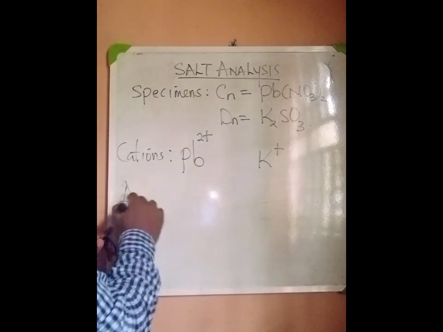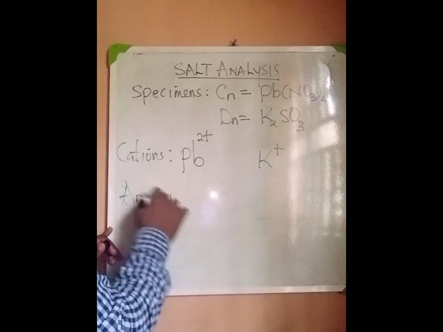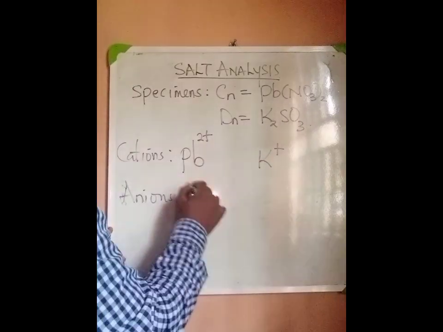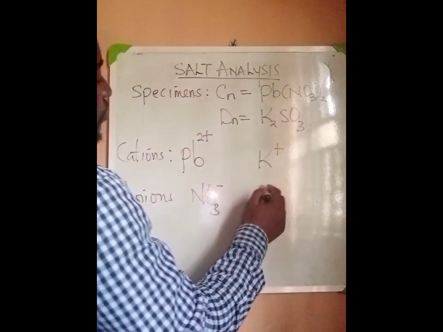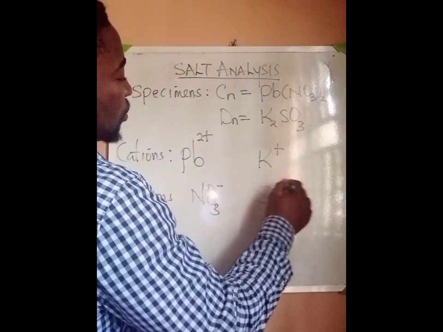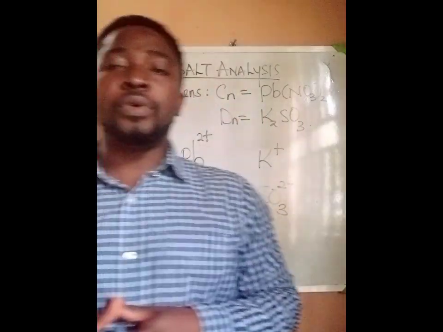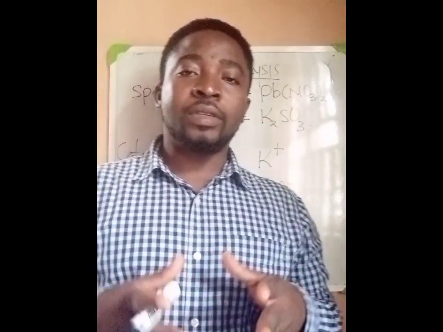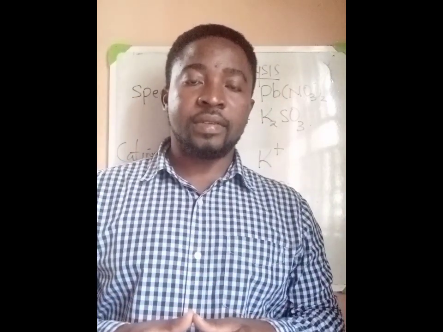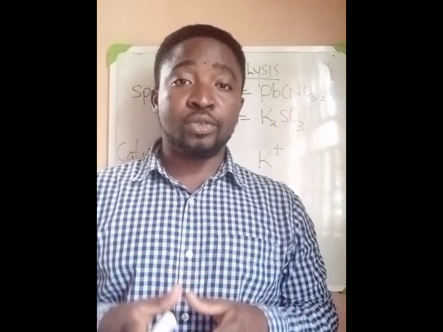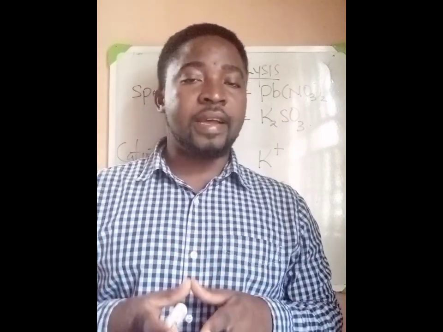And then for the anions, we're going to be testing for the trioxonitrate V ion, and then we're going to be testing for the trioxosulfate IV ion. So I'm going to give you the table containing all the tests, observations, and inferences you are going to expect in this salt analysis.